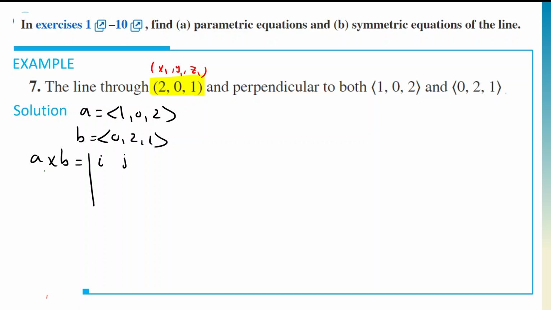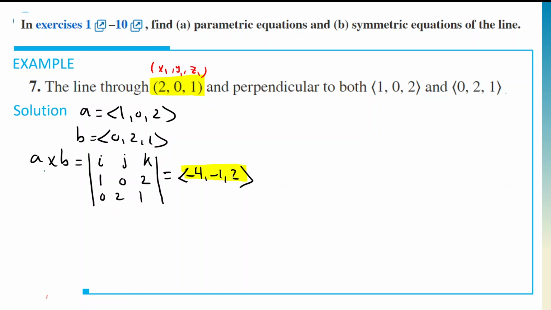First row is I, J, K, and then we write them in order, 1, 0, 2, 0, 2, 1. If you try to find the determinant for this matrix, this one will be equal to (-4, -1, 2). You can check this out by yourself. So this is what the position vector is equal to.